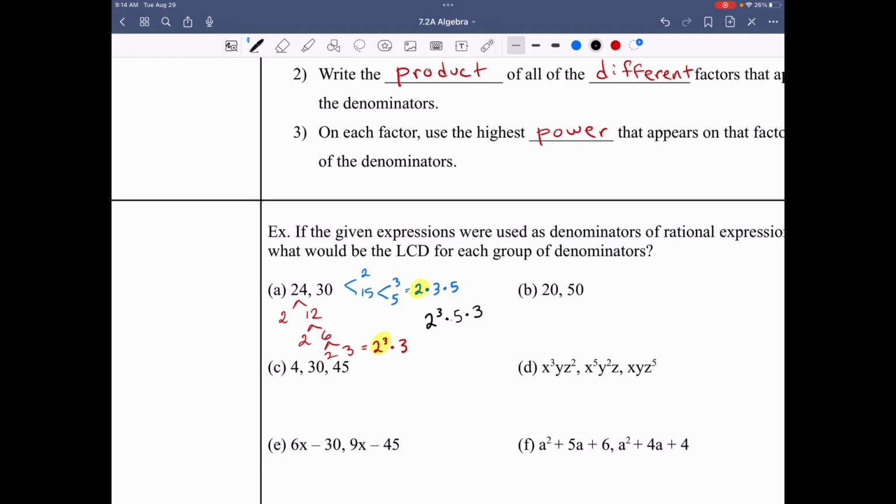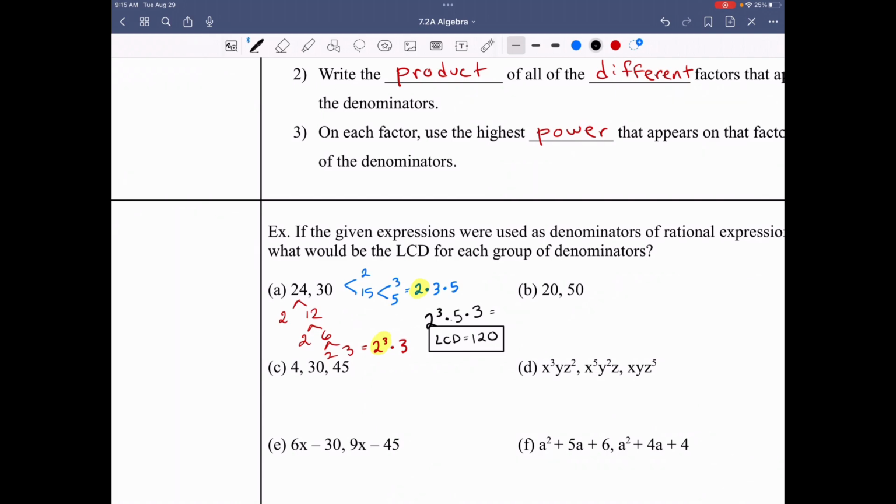Okay, so then if we multiply that out, it would be 8 times 5 is 40, times 3 is 120. So the LCD is 120 for this one. All right, try B and C in your groups.